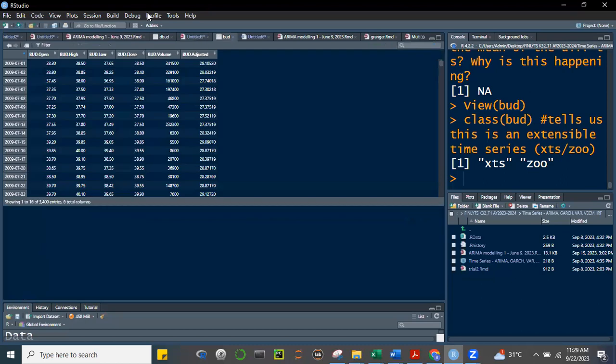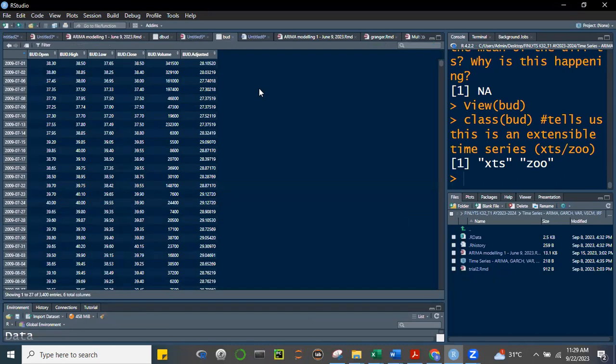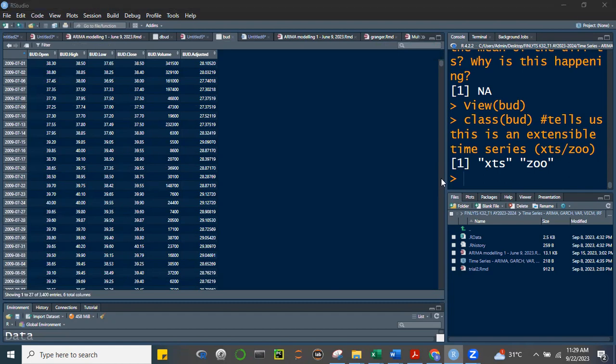What's so special about an XTS or a zoo object? What's so distinct about it as compared to a data frame? Class? Okay, yes, thank you, Michael. The index of the class are the dates.